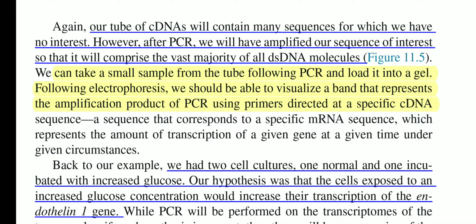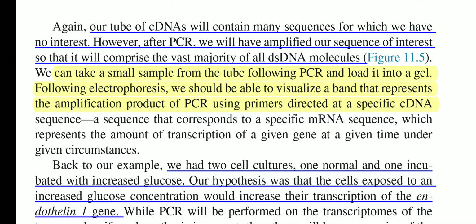Okay, so when we do this PCR, we have to take two cell samples, from the glucose poor and glucose rich samples. We have to add the same amount of dNTP, the same amount of enzyme, and the same amount of primer in both tubes, and that is very important to prevent any error.